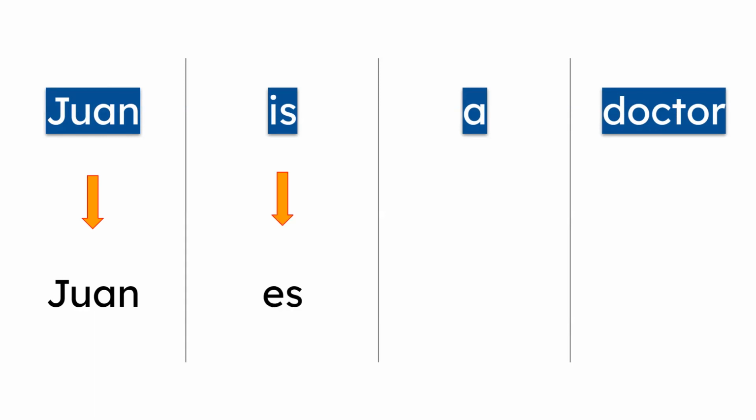So we say Juan is. Juan is. And again, we can ignore a and doctor. Juan es doctor. Repeat after me. Juan es doctor.